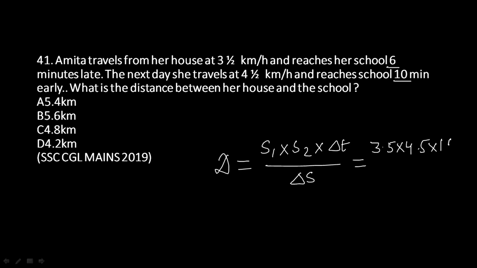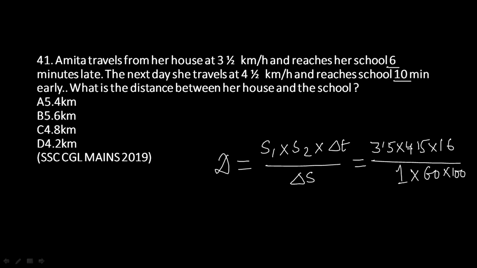It will be 16, and these late and early times are in minutes, so they should be in hours because the other data are in hours. So this is the difference of speed. It's 1 into 60, right? So these points will be 100 here.